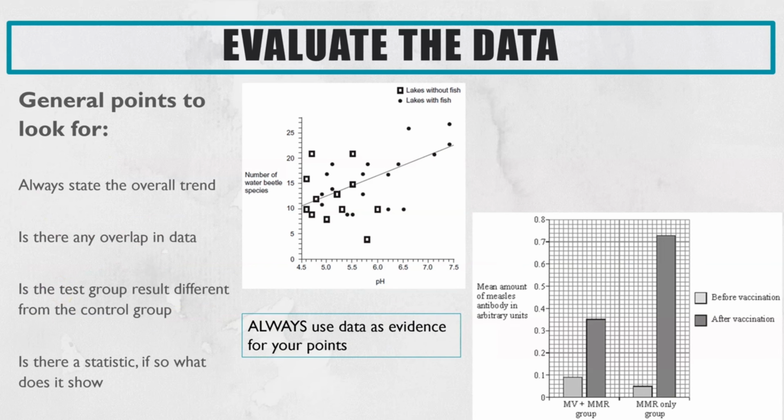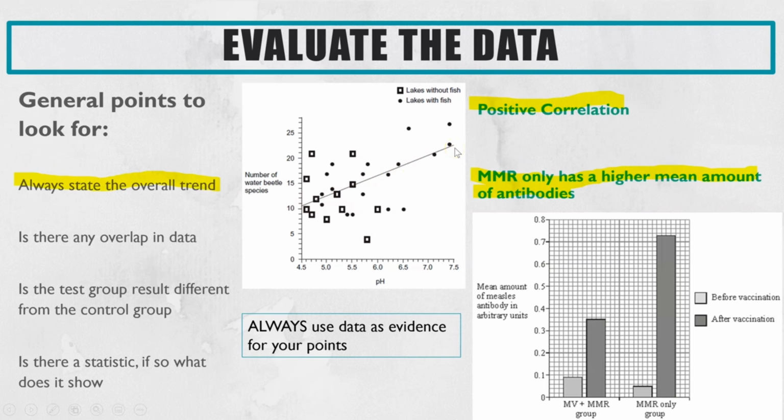Evaluate the data is more commonly asked than evaluate the method, and I'm just going to go through the general points first. The beginning mark you will always have to state is the overall trend, and this would be evidence for the conclusion that you have. In this example, we can see the overall trend is a positive correlation.